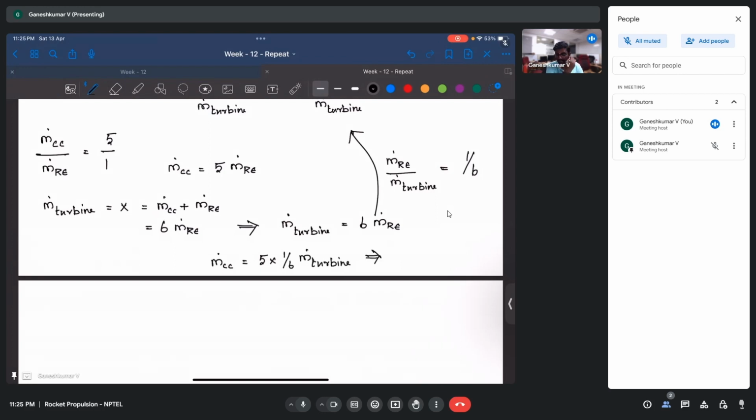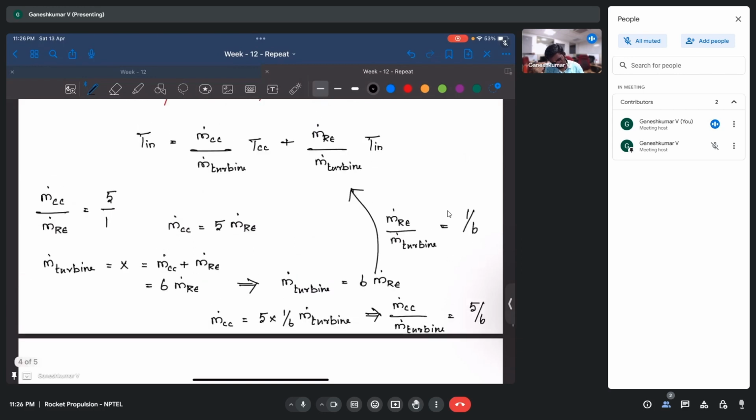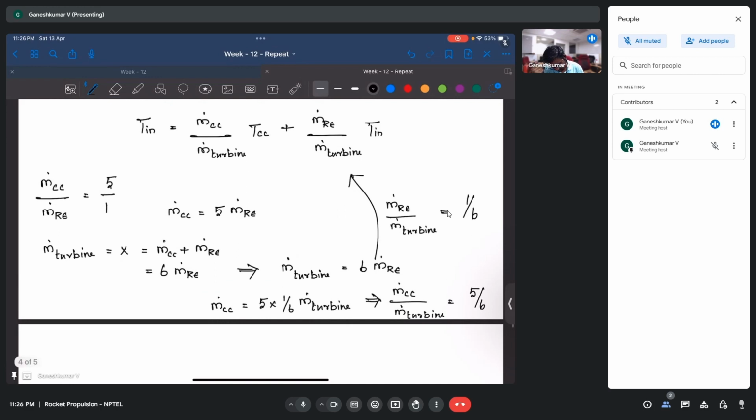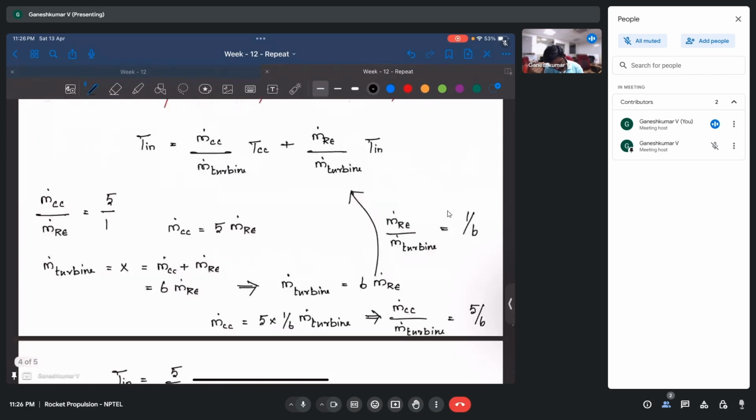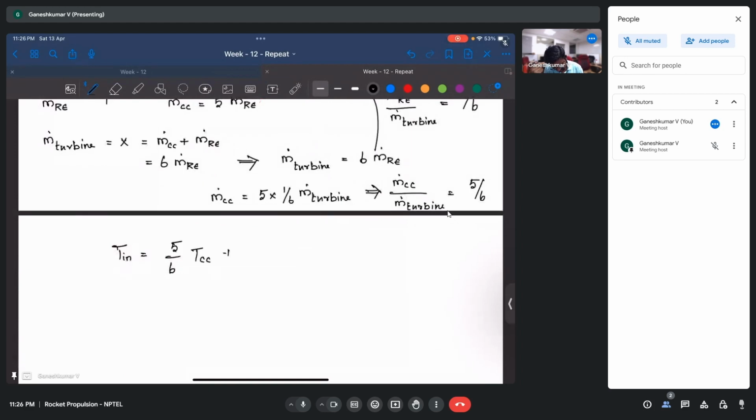Basically I could have simply used this ratio and written 5/6 and 1/6, but I want to show you how this comes. M dot cc by m dot turbine is equal to 5/6. So we just substituted there, which gives us T in is equal to 5/6 T cc plus 1/6 T re.